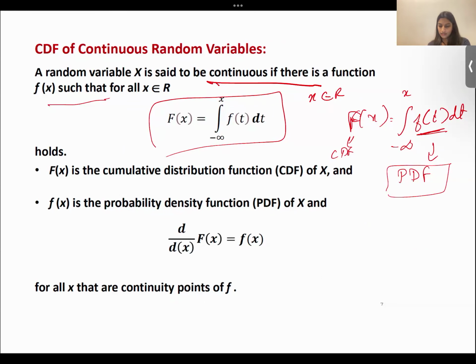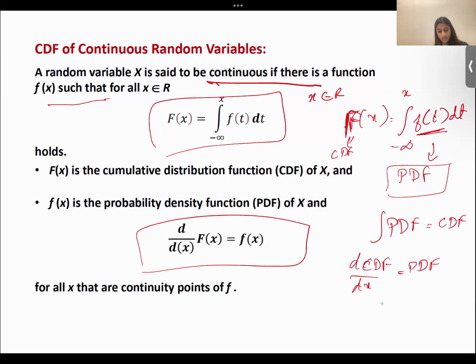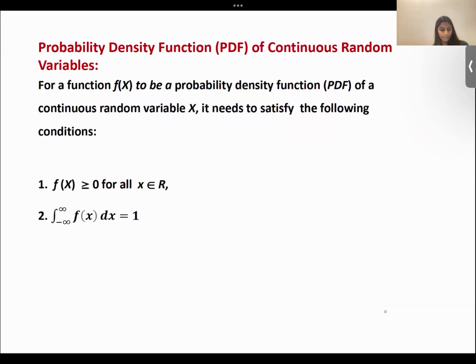Also, the integral of the PDF gives you the CDF, and the differential of the CDF gives you the PDF. That's what this one means here. Again, we're just defining the probability density function of continuous random variables.